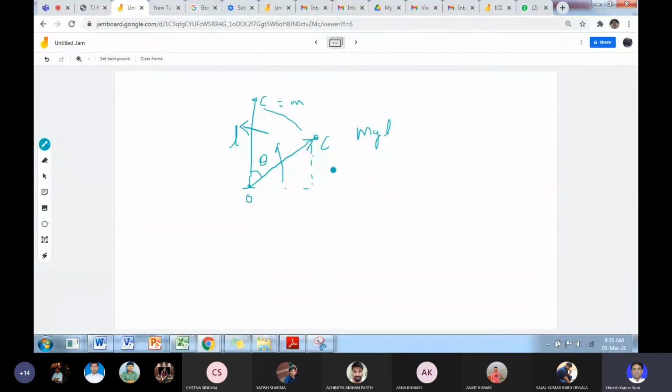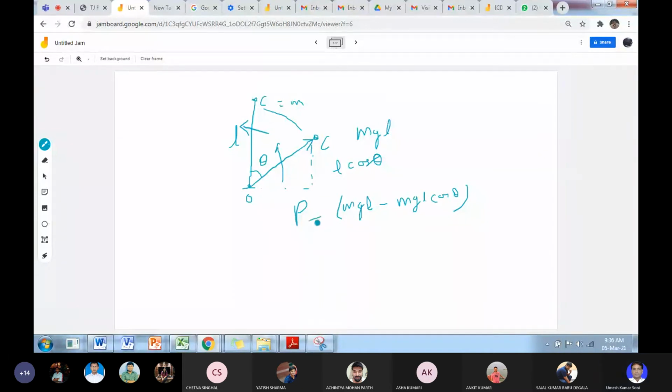This will be equal to L cos theta. Okay, so mgL minus mgL cos theta. This is the potential energy in moving with angle theta.